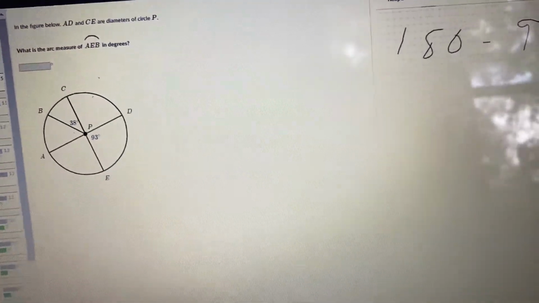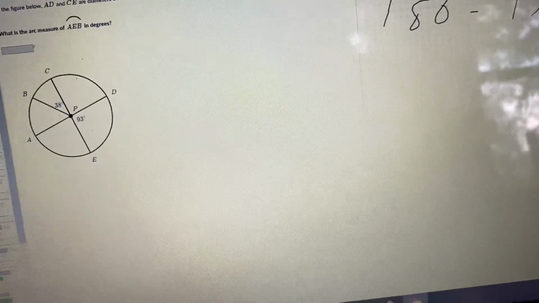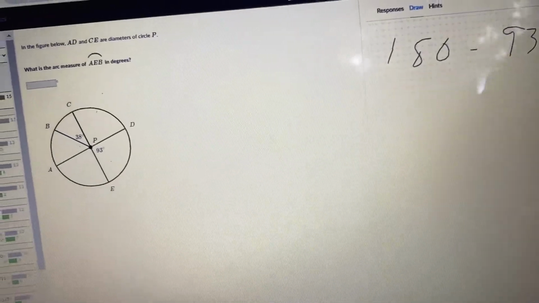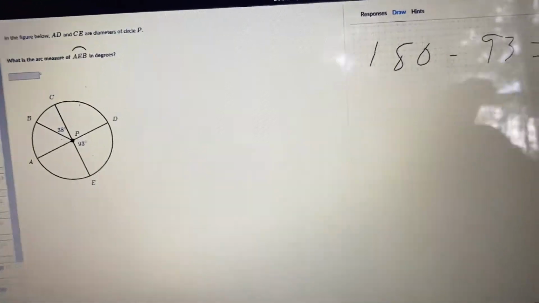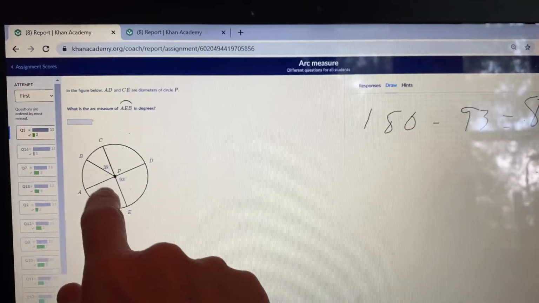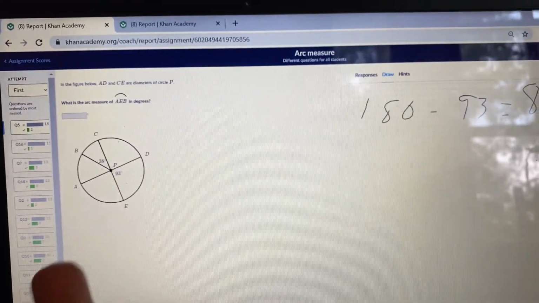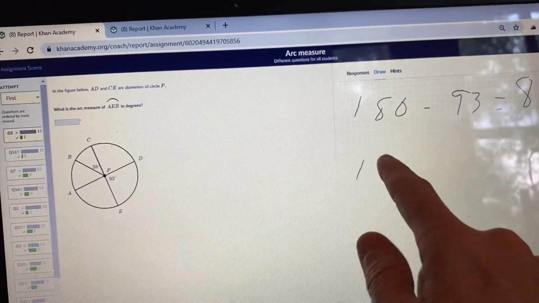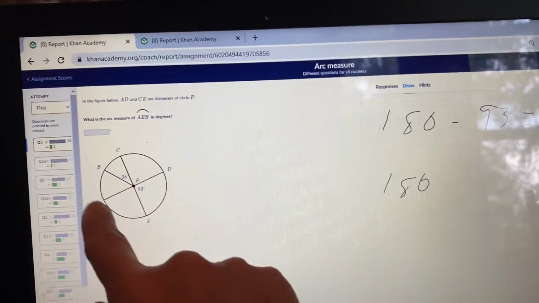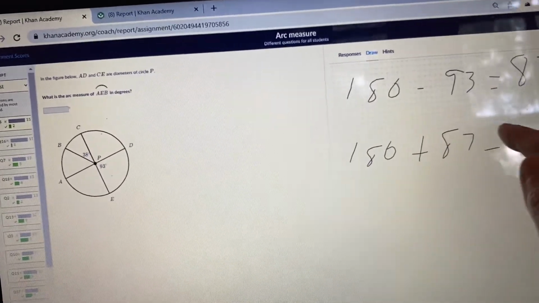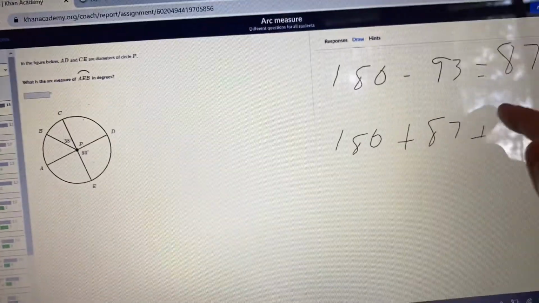If you get your 180 degrees and subtract 93 from that, you find that that is 87 degrees. So this is 87 over here, and this is 87. So basically what we'd have to get our total would be 180, this whole arc, plus 87, plus the 38.